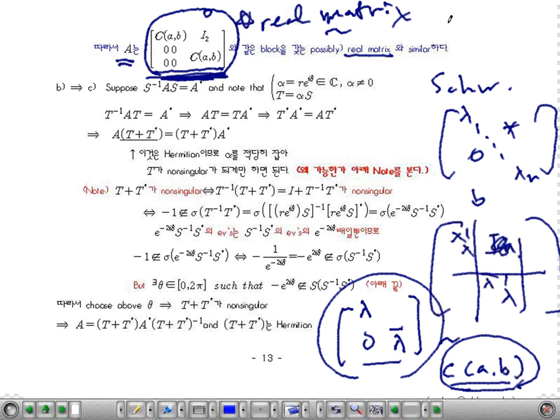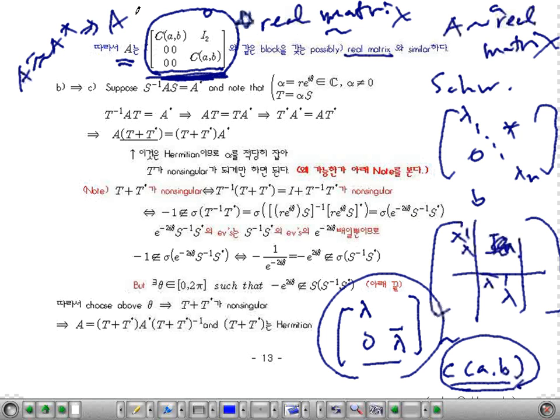What that means is A is similar to a real matrix. This shows if A is similar to A star, then A is similar to a real matrix.